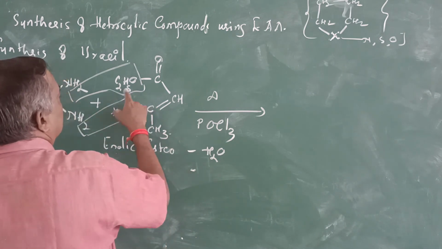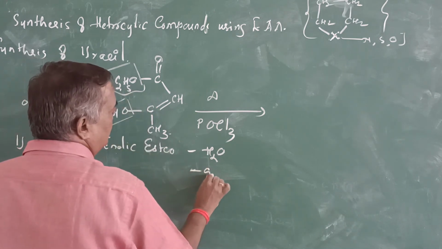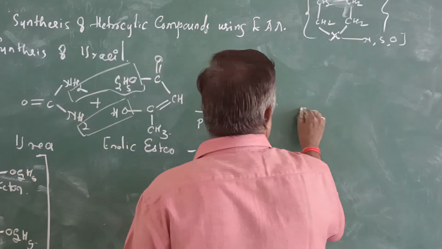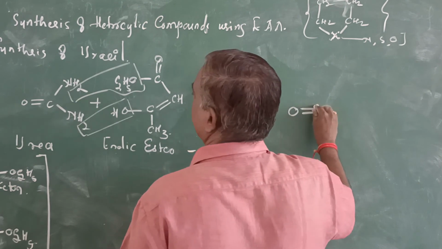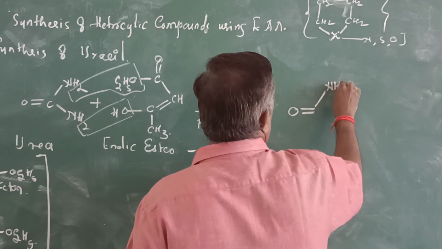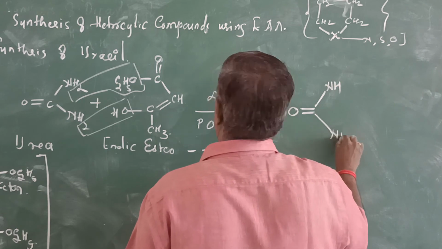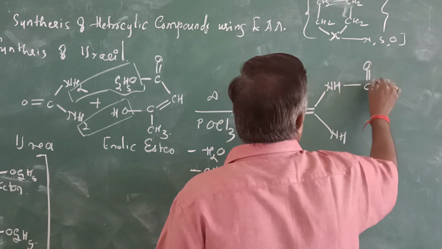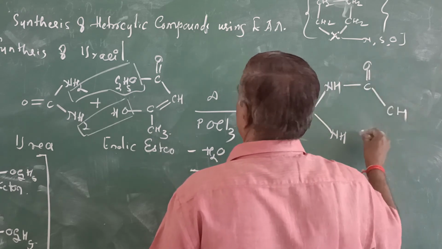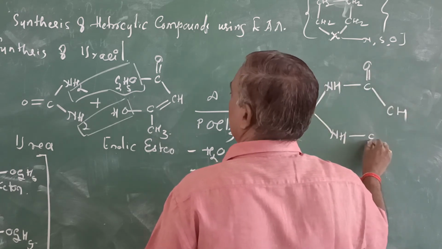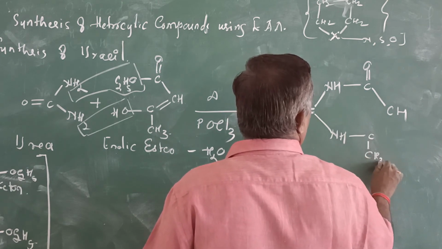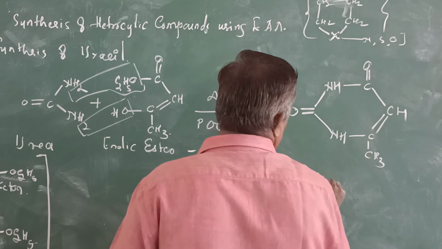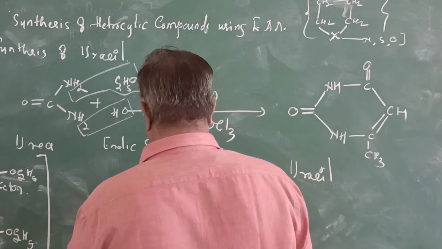The other loss is C2H5OH. Now what is left? Left is what we call a heterocyclic compound, uracil.